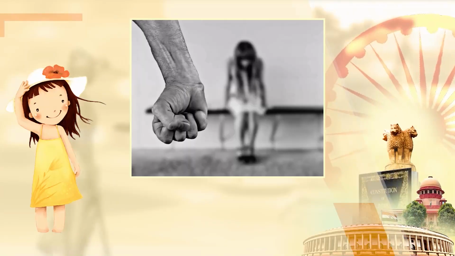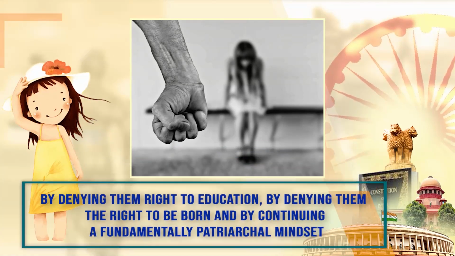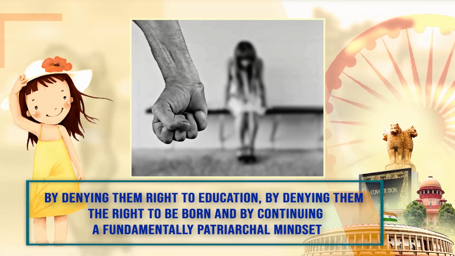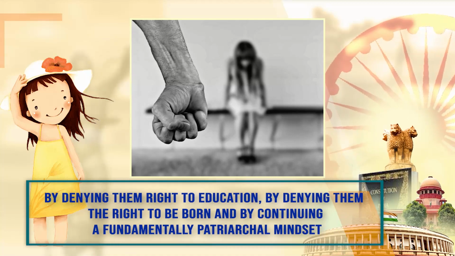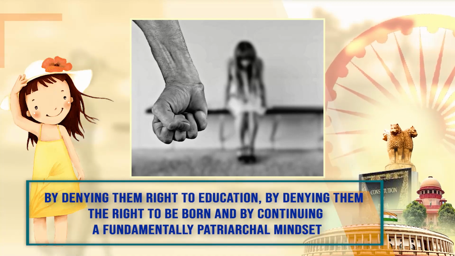However, while certain nations, while certain cultures have progressed with time, while certain cultures have allowed greater rights of girl children over the years, certain other cultures continue to practice regressive forms of abuse against girl children by denying them the right to education, by denying them the right to be born, and by continuing a fundamentally patriarchal mindset even after the girl child is born. So when we are studying the rights of the girl child, we must understand how the culture is responsible for creating the rights of the girl child, or how the culture is responsible for creating a lack of rights of the girl child.